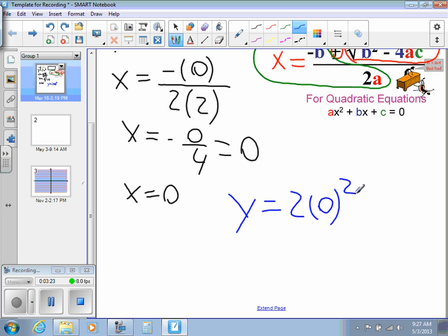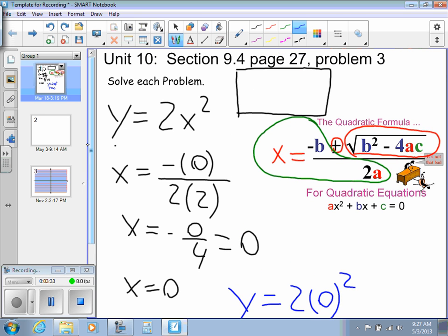Well, 0 squared is still 0, and 0 times 2 is 0, so y also equals 0. And this gives us what they want in the box. What is our vertex? In this case, our vertex is the point (0, 0), because x equals 0 and y also equals 0.